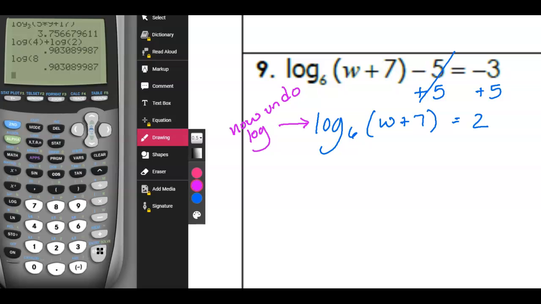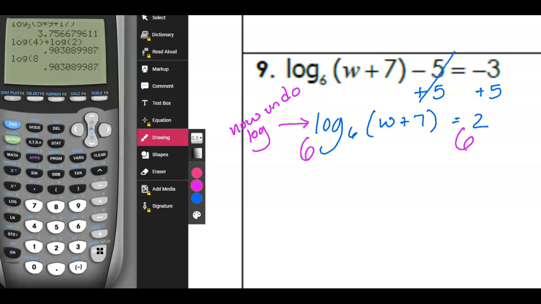How do you undo a log? What is the opposite operation? Exponential. So what do we do? You take a big base of 6. Because the log has a base of 6, you take a big base of 6 on both sides.